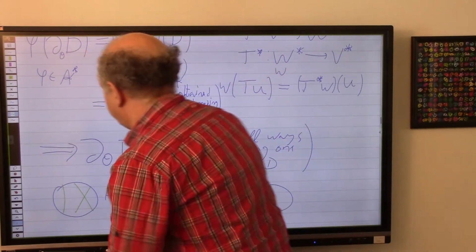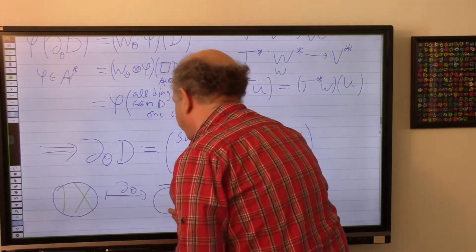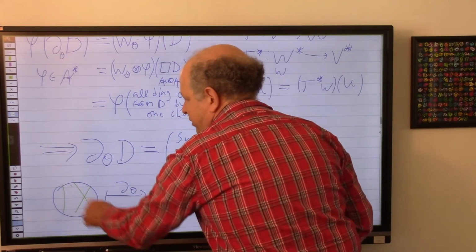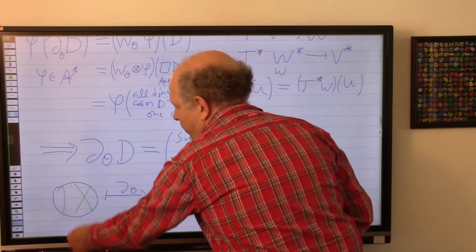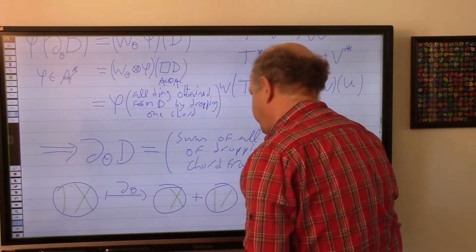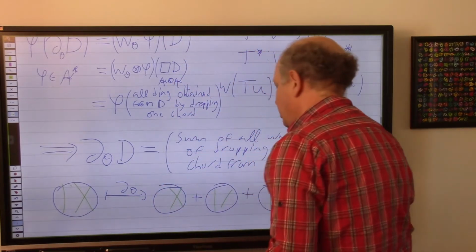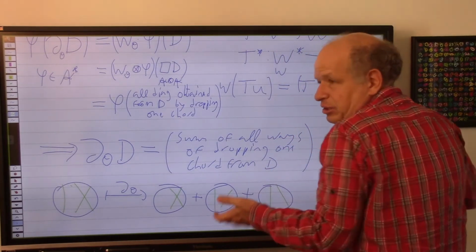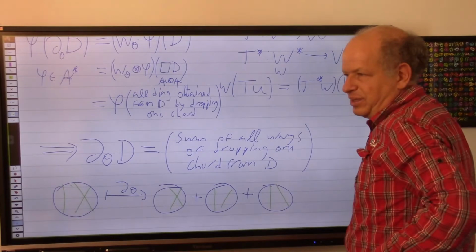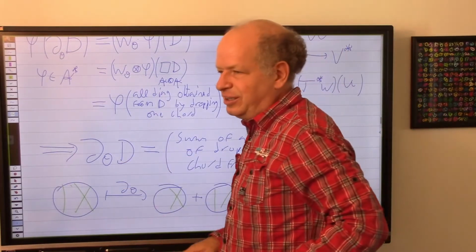If you drop the left chord, you're left with an X. If you drop the backslash, you're left with this. And if you drop the slash, you're left with that. In fact, these two are the same, so they get added, but that's fine. Okay, so now we understand what d theta is.